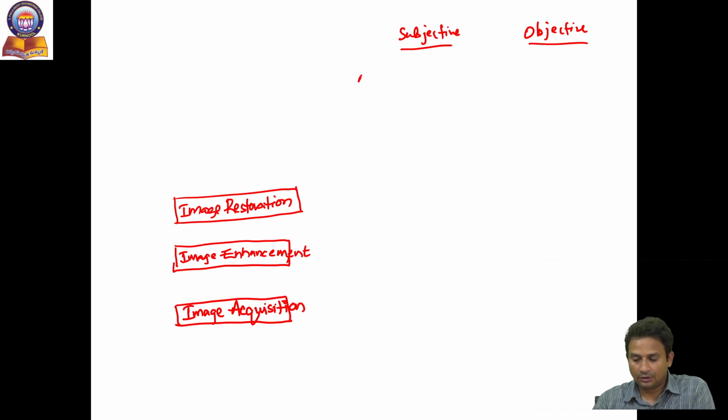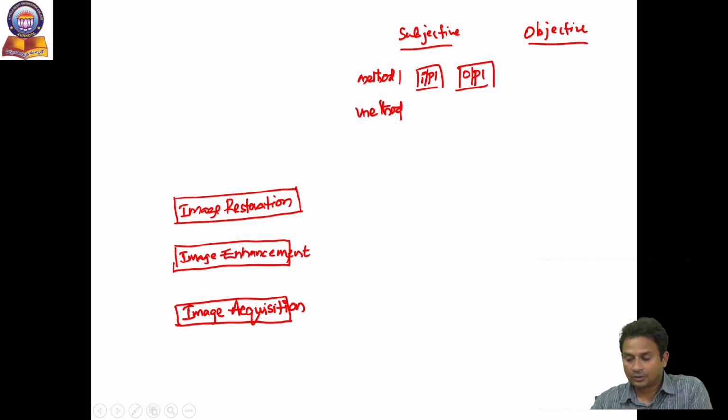Let us take method 1 and method 2. Method 1 takes the input image, processes it and produces the enhanced version, assume it is output image 1. Method 2 also takes the same input, processes it and produces output image 2.